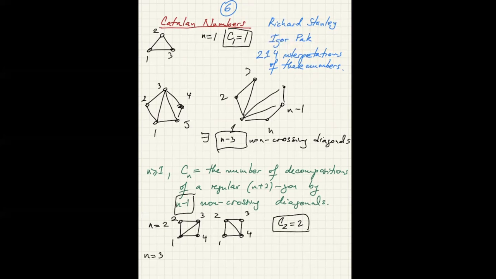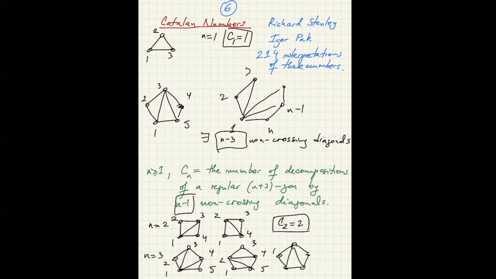Well, when n equals 3, we're dealing with a pentagon. And we have a picture here, one of them. So we have to draw two diagonals that don't cross. Here's one choice. Both diagonals contain 1. Are there others? Yeah, you can do the same thing at any other point. So I do it here at 2. Both diagonals contain 2.